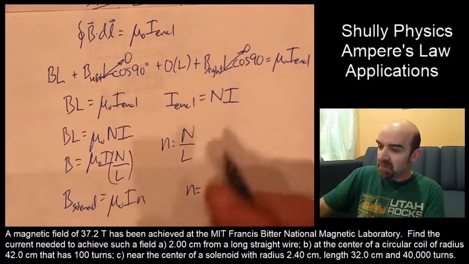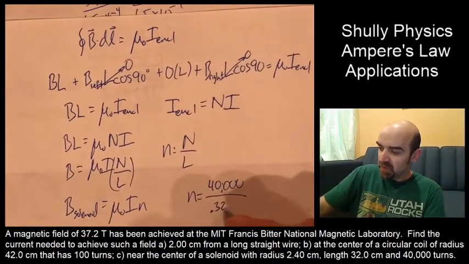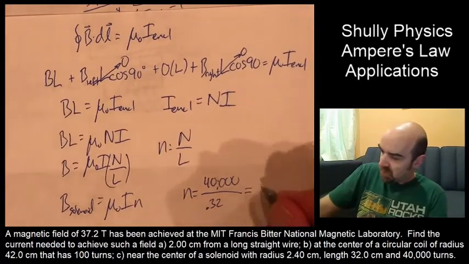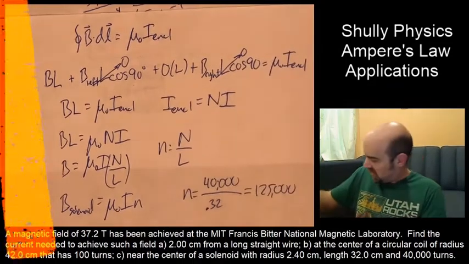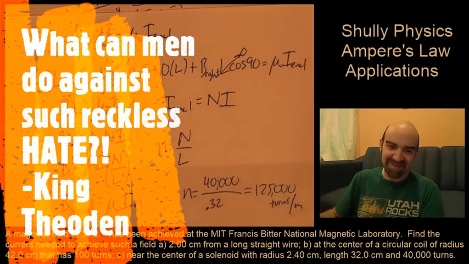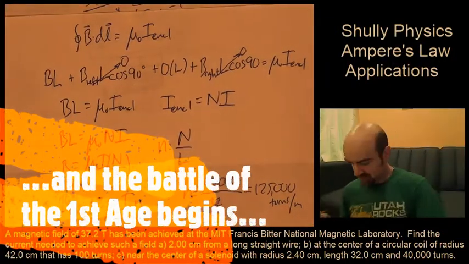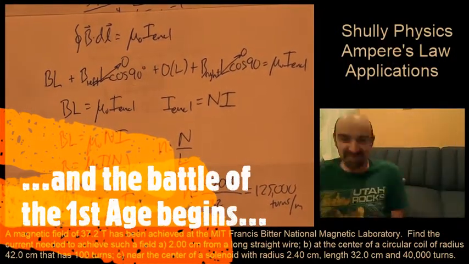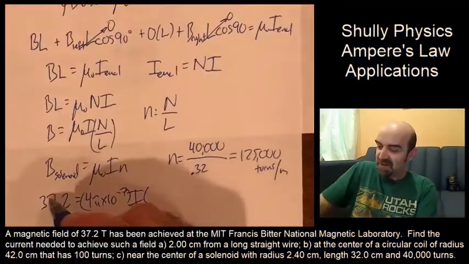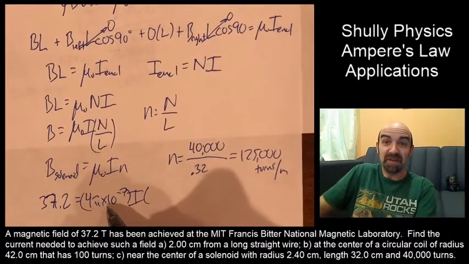n will be 40,000 turns over 0.32 meters. 125,000 turns per meter. Hold on a second. 37.2 Teslas is our magnetic field. 4 pi times 10 to the negative 7 is mu naught.